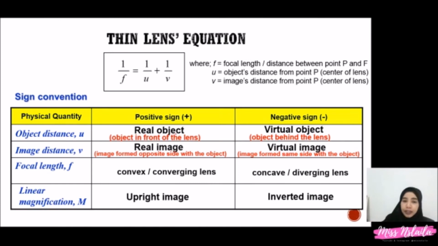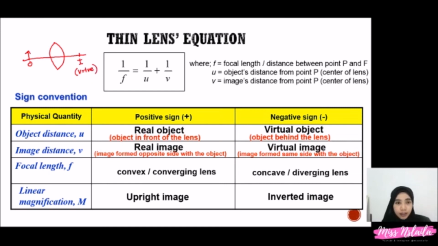For example, if we have this convex lens, the object is here and v is positive, so the image will form on the opposite side of the object, which is here.